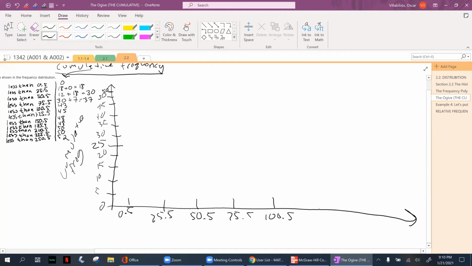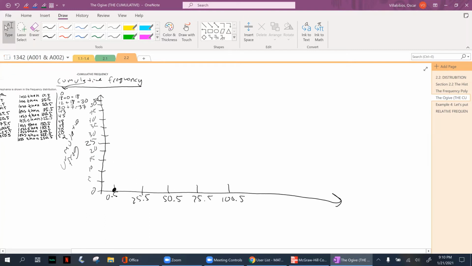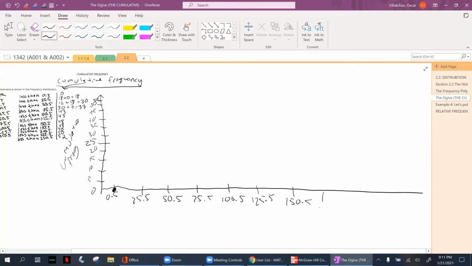I want to keep this going for a reason. So that's 100.5, this is 125.5, this is 175.5, this is 225.5.